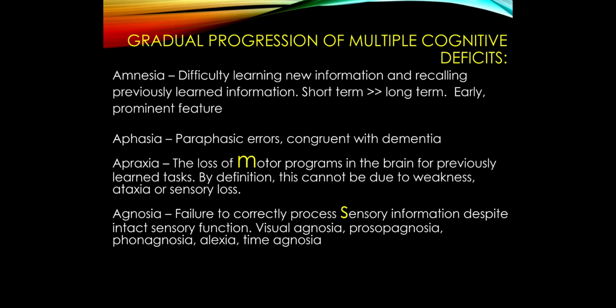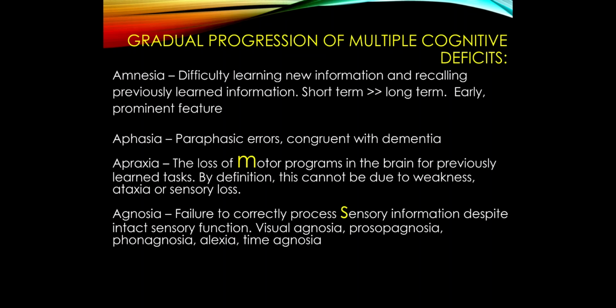Prosopagnosia, we'll talk about in more detail in the stroke lecture, but this is an inability to recognize faces. So patients with Alzheimer's will have more difficulty with that, and also just can't recall the name of the person, even if perhaps they do recognize the face.